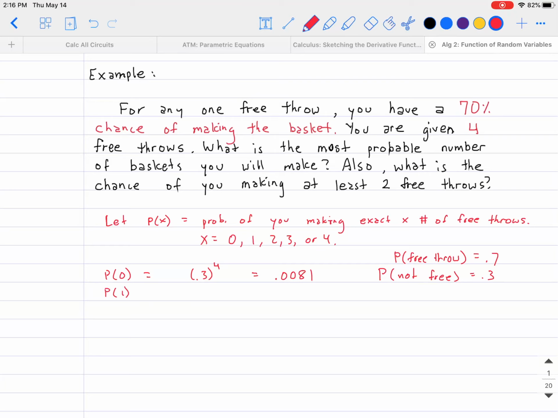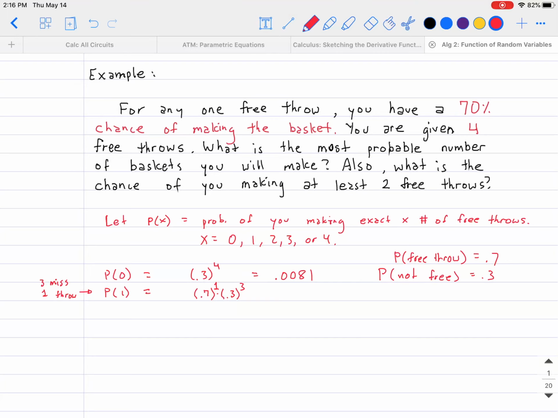Now let's look at the next one, the probability of making exactly 1 free throw. That tells me you're going to miss 3 and make 1. So in the same manner, that is going to be 0.3 raised to the 3rd power, and 0.7 raised to the 1st power, because you're going to make 1 free throw.